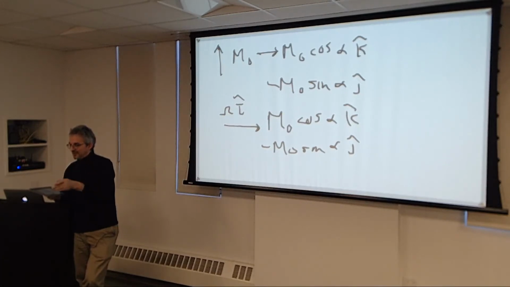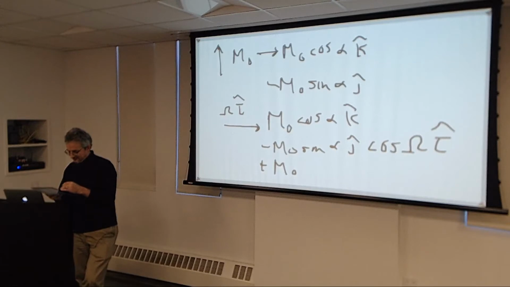X, y, minus x, minus y, back to x. So this should then be cosine Omega tau hat, and then we'll have sine alpha sine Omega tau hat on the x-axis.